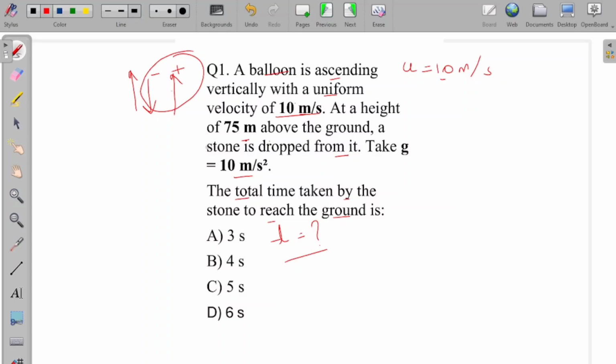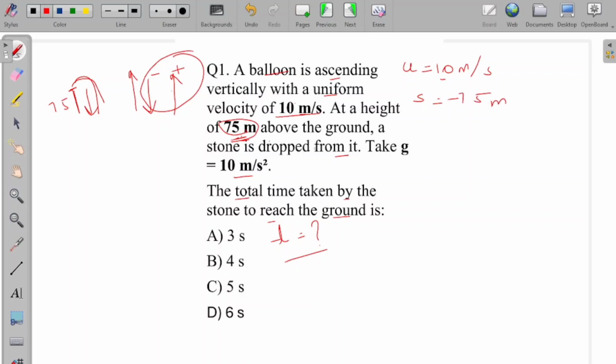Now the distance, the balloon is at 75 meter above the ground when the stone was dropped. Here we have the balloon and the stone got dropped, and this is 75 meters. So the displacement will be taken with negative sign.